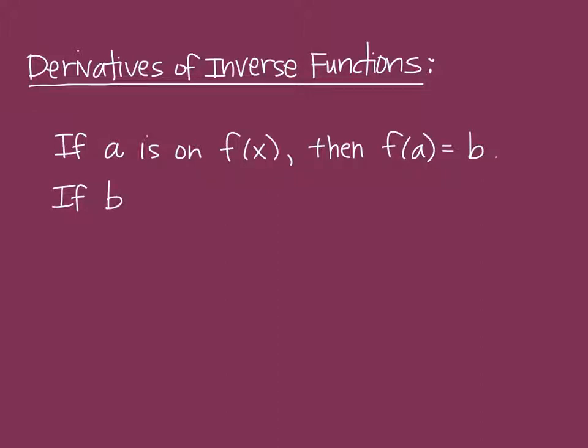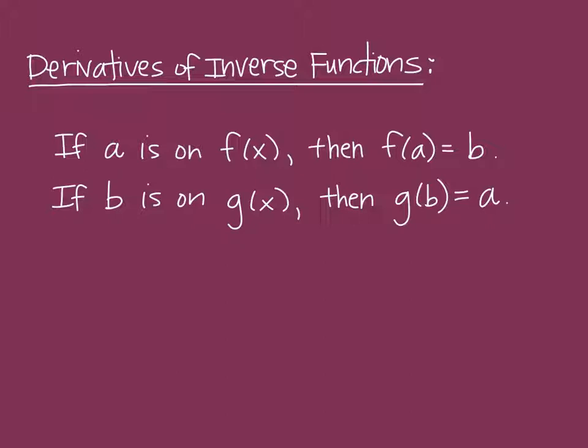So if b is on g of x, then g of b must get you back to a again. So that's the classic definition of an inverse. What goes one way is undone to get you back the other way.